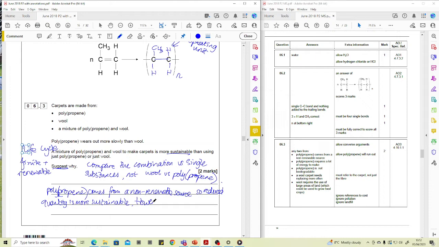However, as it is more durable, and lasts longer, having some polypropylene means the carpet lasts longer before disposal.